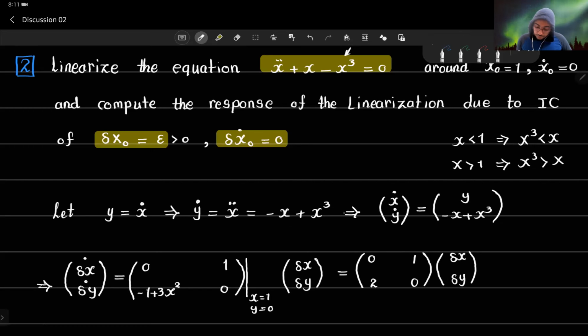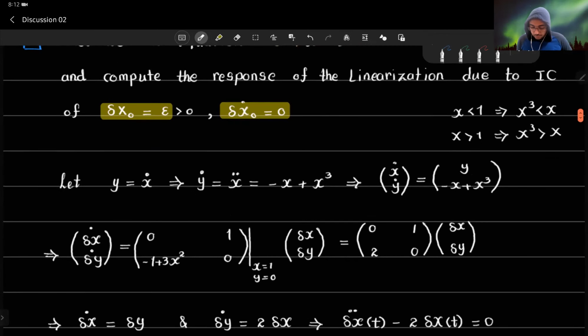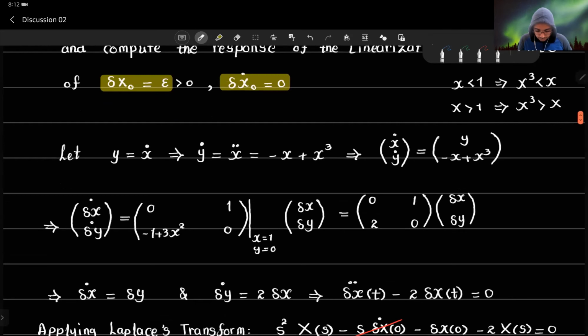So this means that the system x dot and y dot will be equal to the vector with y in the first entry, and then negative x plus x cubed. So for the linearization, we basically compute the Jacobian of this vector, right, which is over here. So let me call this the Jacobian.